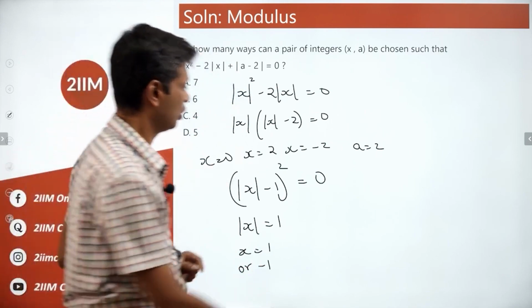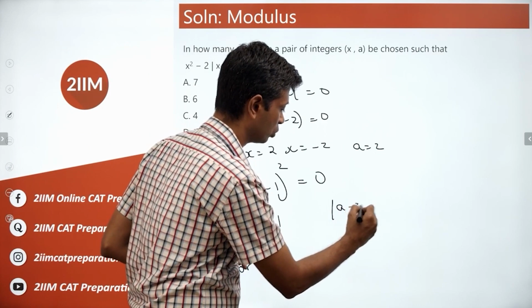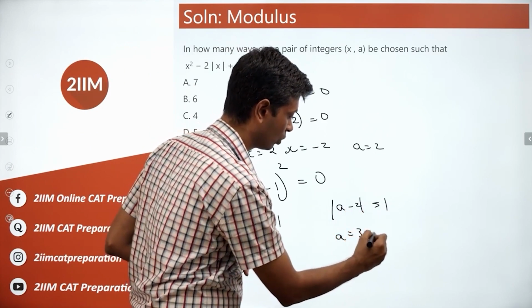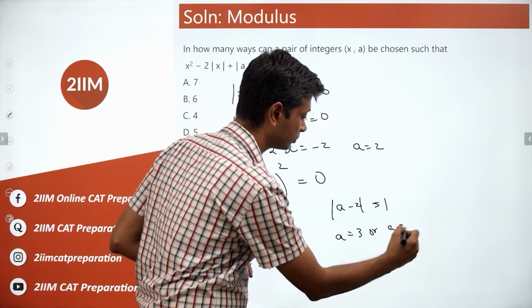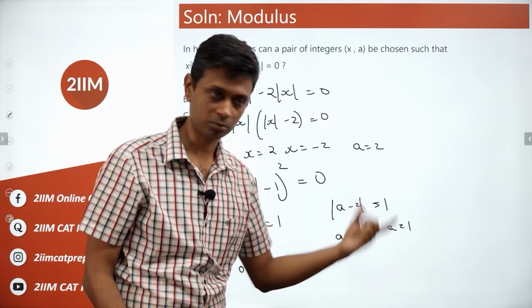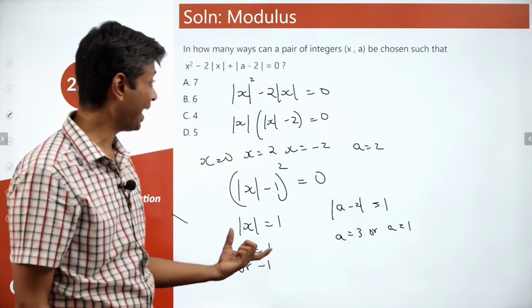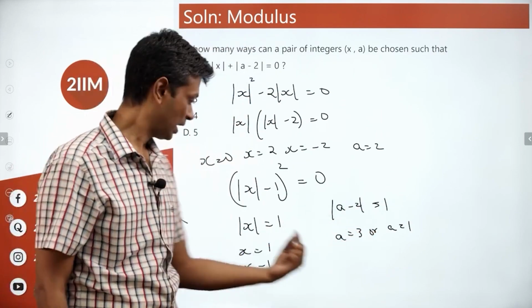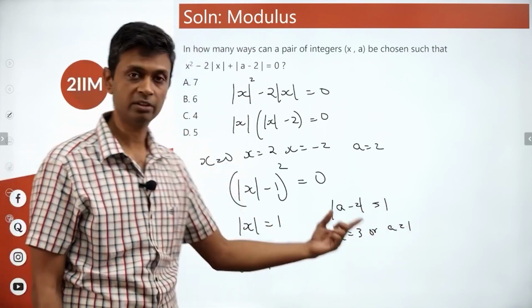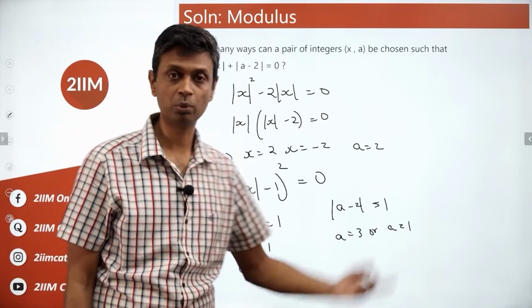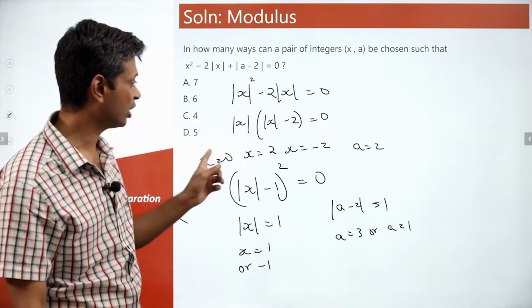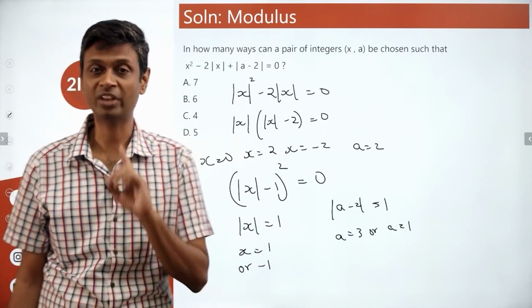This is the scenario when modulus of a minus 2 is 1, so a minus 2 is 1 or a minus 2 is minus 1, or a is 3, or a is 1. Both are possible. Now it could be x is 1, a is 3; x is 1, a is 1; or x is minus 1, a is 3; x is minus 1, a is 1. 4 possibilities exist. All 4 are possible. Here we have 3 possibilities, here we have 4, totally 7.